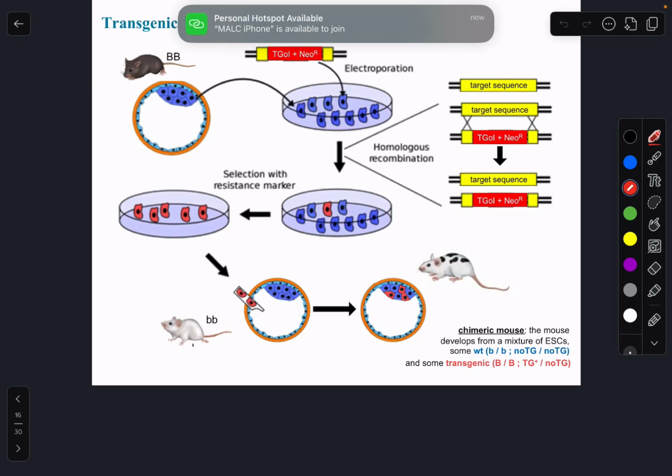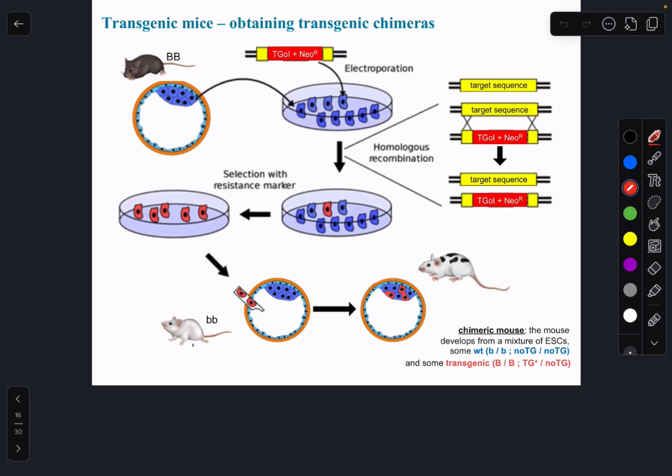Then what we do is we take those embryonic stem cells, and this is by far the hardest part, we inject them into an early embryo that we got from a different strain of mice. These mice are albino. So these mice are homozygote recessive for the fur pigmentation locus, so they're white, right?